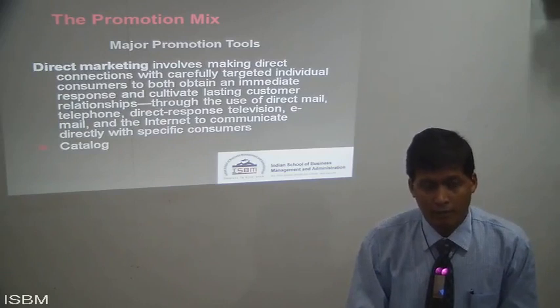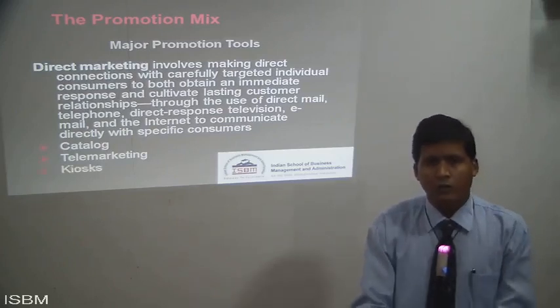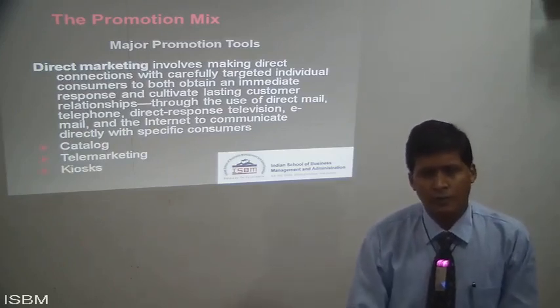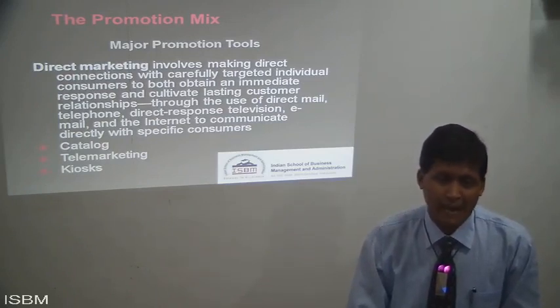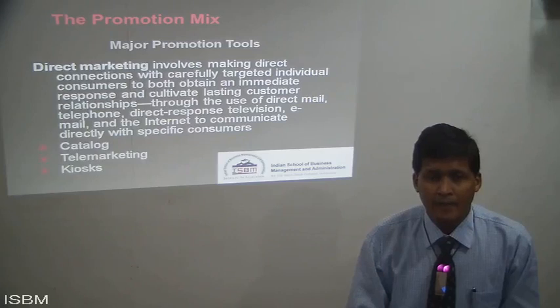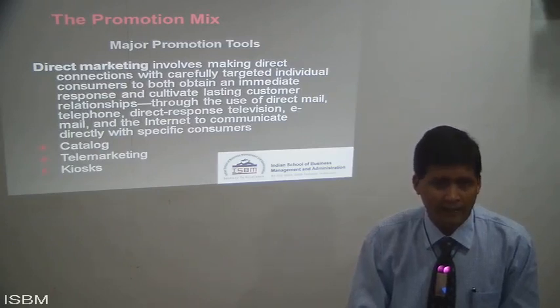Now, the loops could be generated by catalog or through telemarketing, as we discussed, or through kiosk. Now, the kiosk concept was first brought about by ICICI in banking, wherein if you really know banking, what used to happen 20 years back.